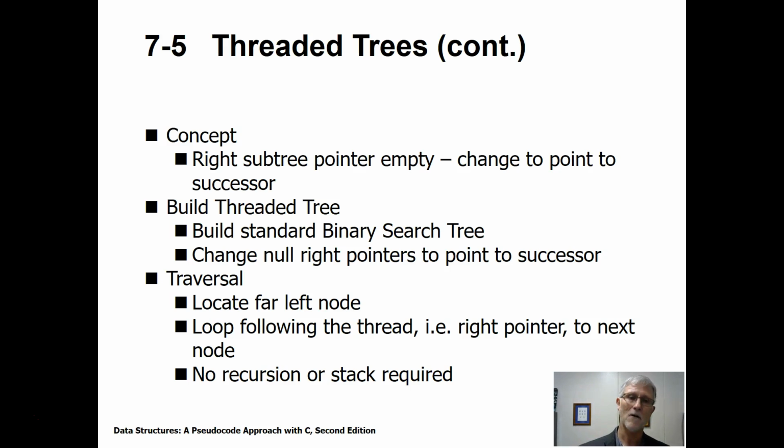Well, I locate the farthest left node, and all I now have to do is loop through and follow the threads, the right pointer, to get to the next node in the sequence. So I have no recursion required and no stacks required. So it can be relatively fast and not a lot of wasted energy. It's just an interesting way of organizing data to quickly process things.